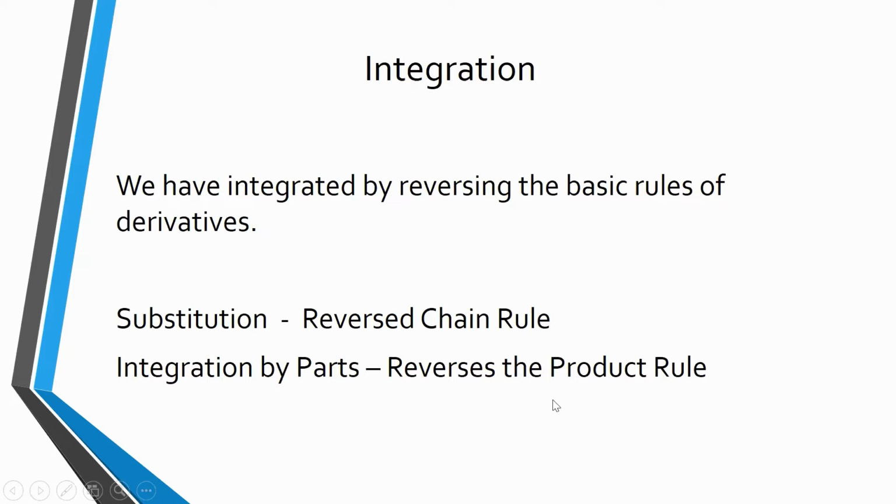It's not precise, because what we're really going to do is reverse part of the product rule. So integration by parts is essentially like reversing the product rule. Let me be more specific.